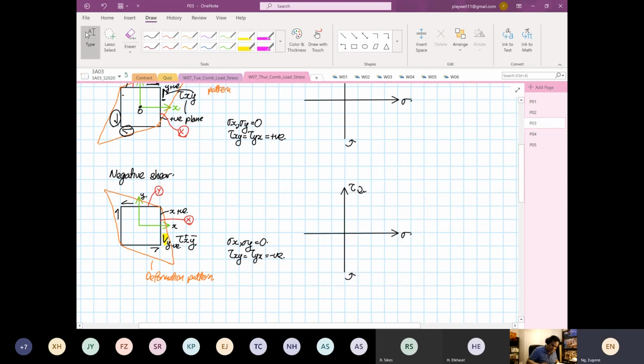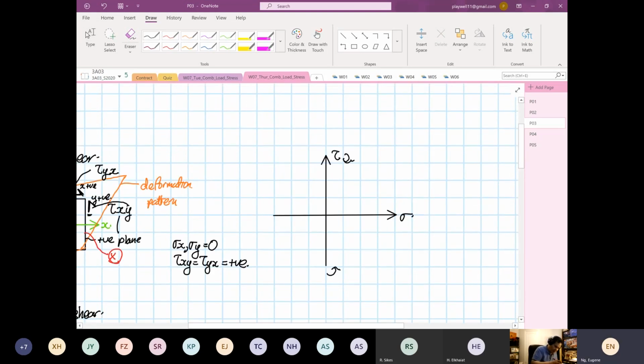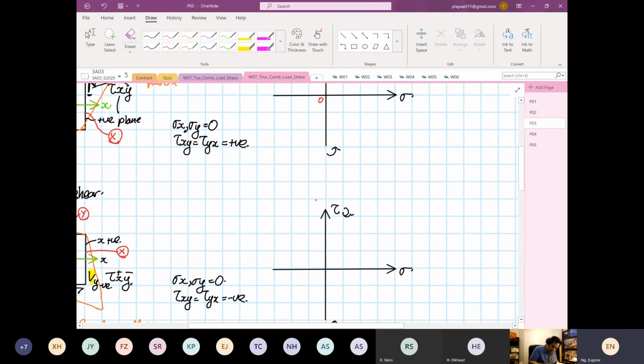Right. So we know that both stress X and stress Y lie on the vertical line because the normal stress is equal to 0. Likewise, you have stress X and stress Y on this line because it's equal to 0.